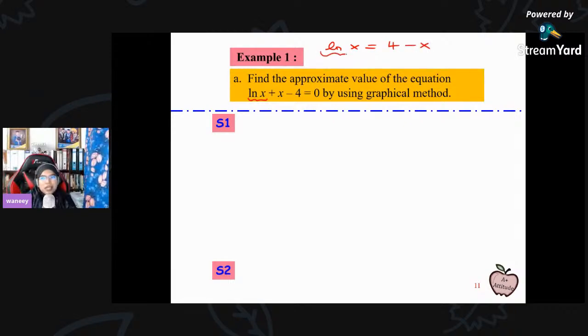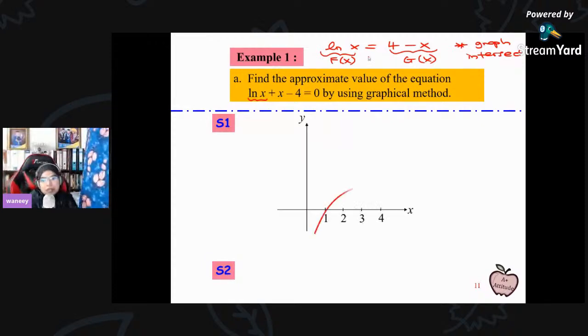So I'm going to sketch ln x first, and then I'm going to sketch 4 minus x. This is like capital F, and that is like g(x). Then we're going to find out where the graphs intersect. Okay, now let's see the sketching part. That is the graph for ln x.